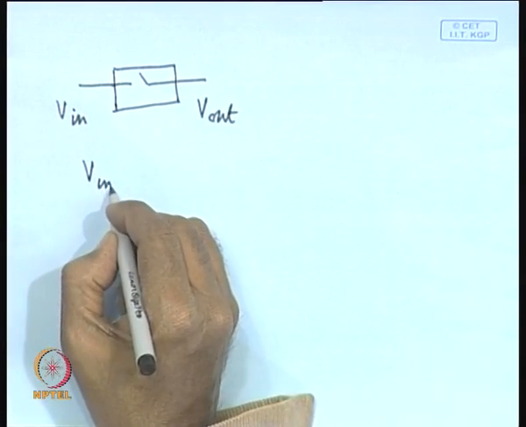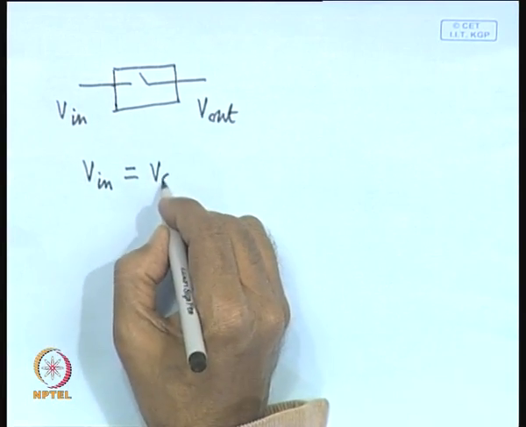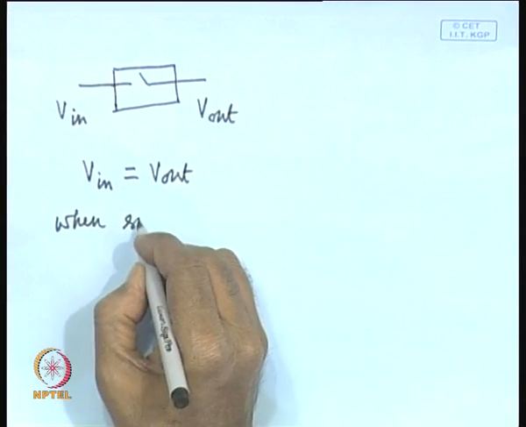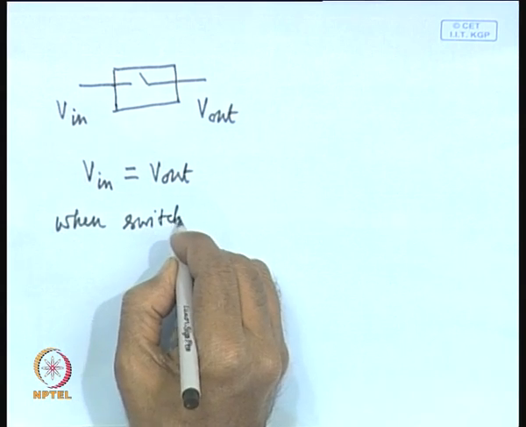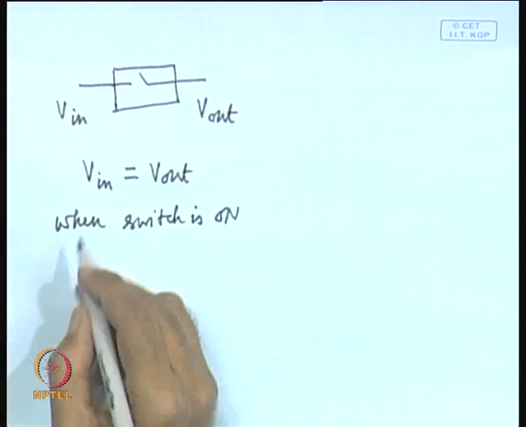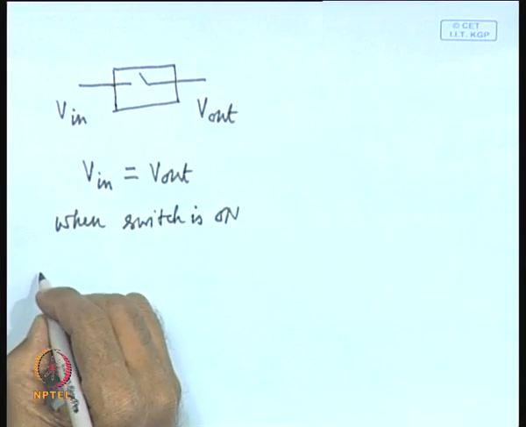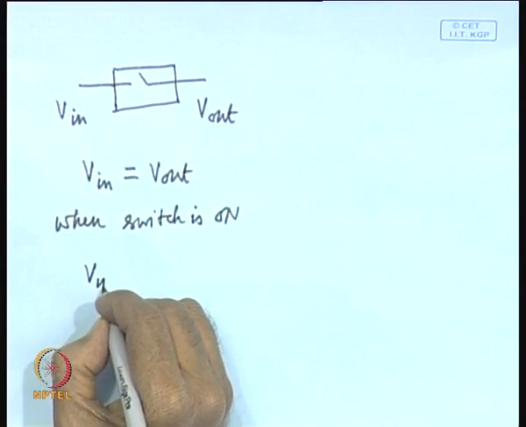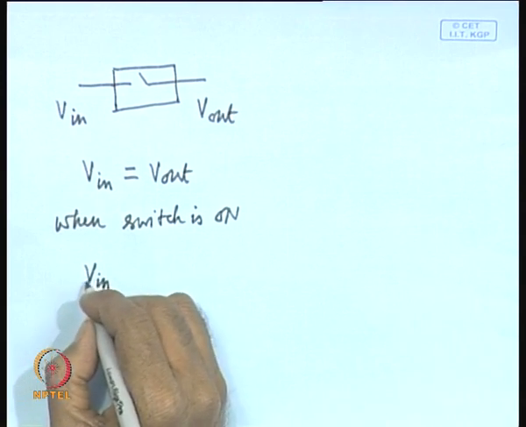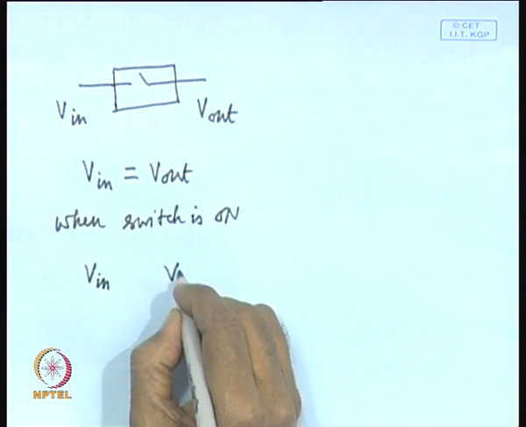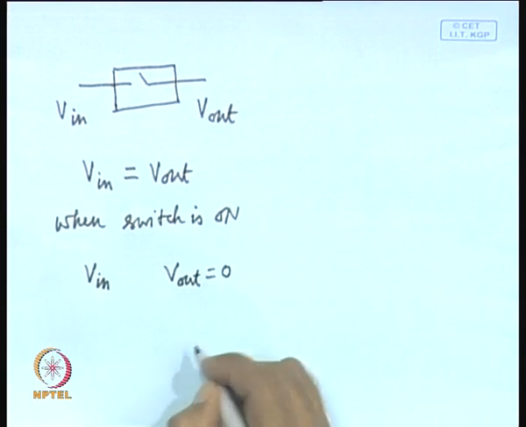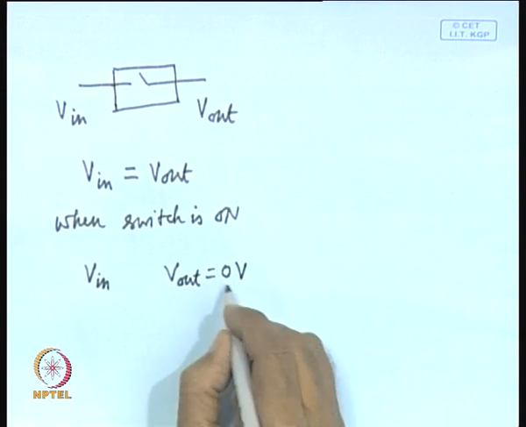Ideally V in should be equal to V out when the switch is on, and whenever the switch is off, then irrespective of V in, V out should be equal to 0 volt.